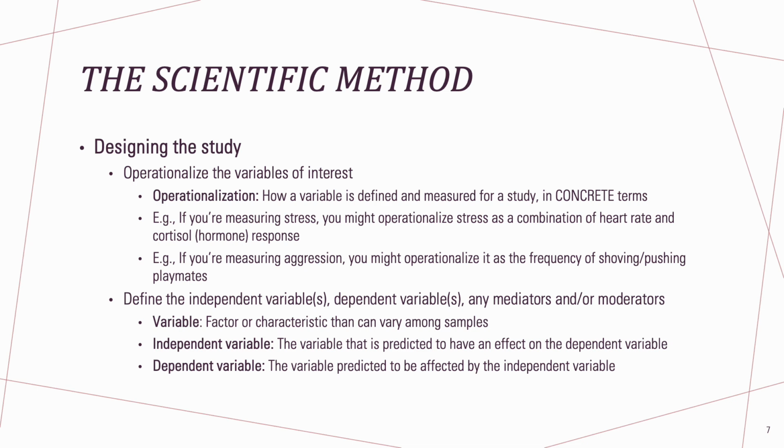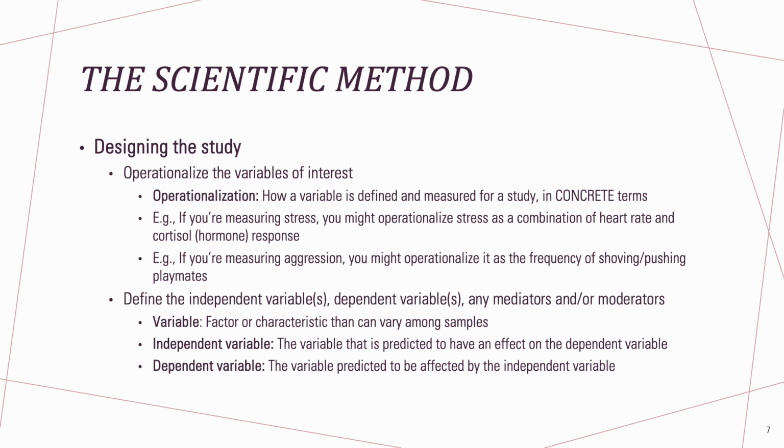We're defining our dependent variable, which is the responding variable that's affected by the independent variable. And then I didn't add it here, but if we have moderators or mediators, we are identifying what those variables are. And again, remember, we're never just throwing variables in there for the sake of it. There has to be some sort of empirical reason to include these variables in our model.